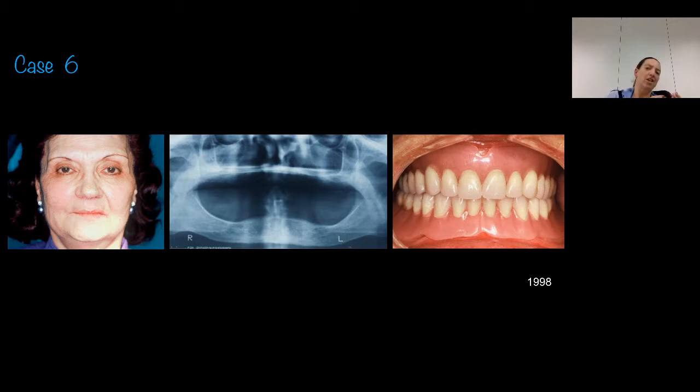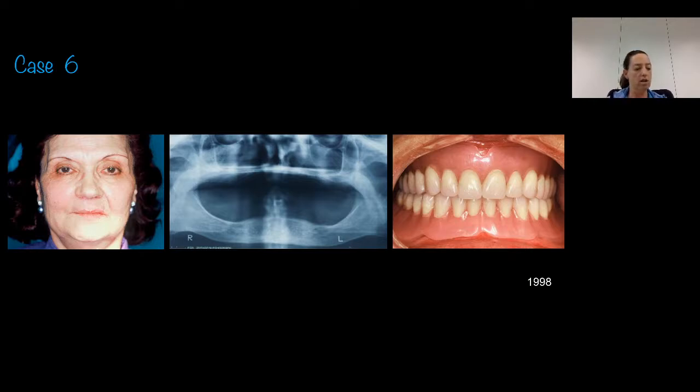radiological guide, okay, and so it cannot be unstable. From what we have seen from the studies, we have very good results with, for example, the Nobel Guide and the All-on-4. But sometimes it depends on the case, on the planning, on the people who manage that. You can have a distortion.